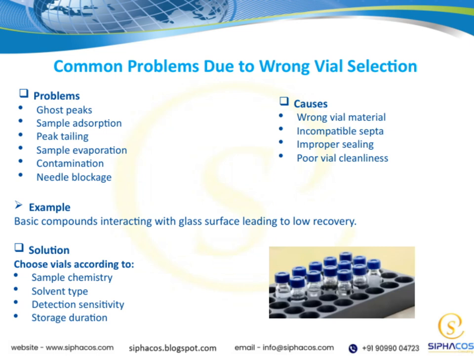You might also see peak tailing, evaporation of the sample, contamination, or even needle blockages during analysis. So, selecting the correct vial isn't just a matter of convenience. It's fundamental to the quality and reliability of your results. By understanding these causes and problems, we can better troubleshoot and prevent errors, ensuring our data remains accurate and reproducible.